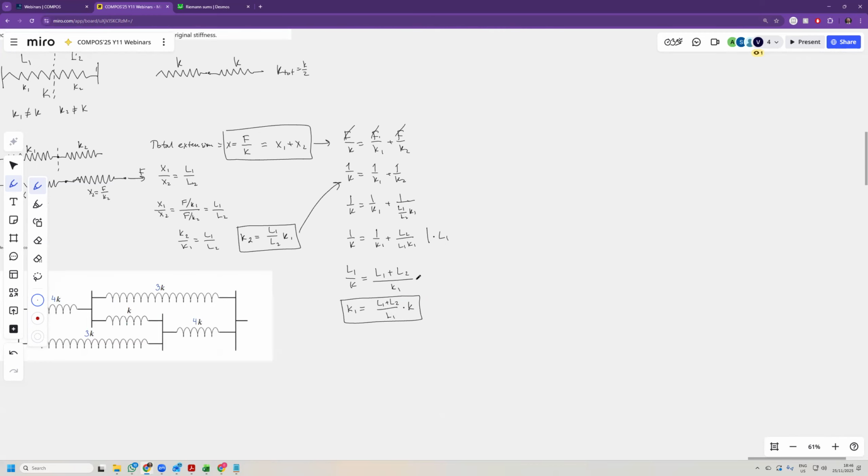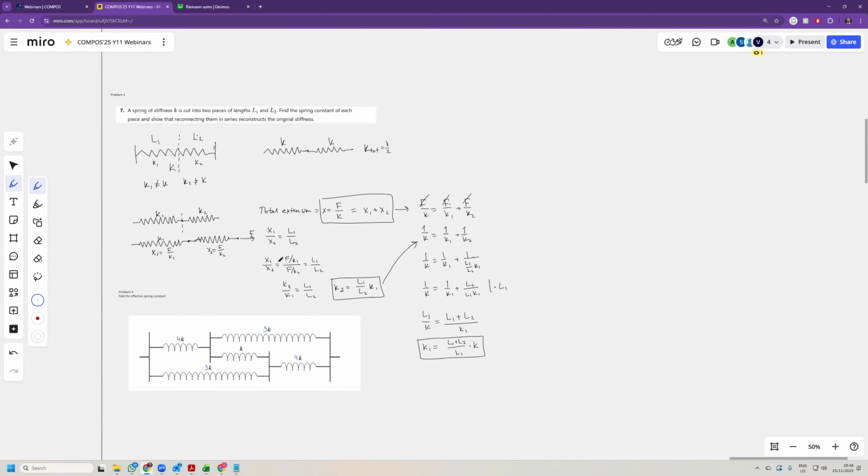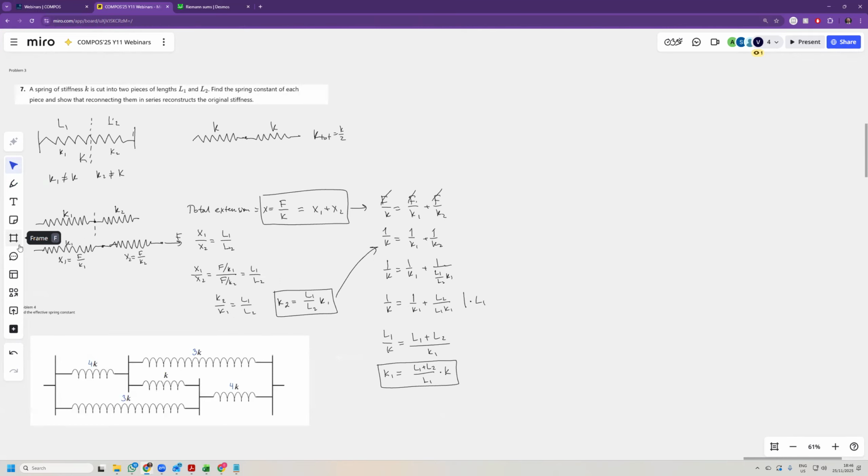We're looking for K1 in terms of K. The task was to find K1. Right. Now, K2 is of course L1 over L2 times K1.